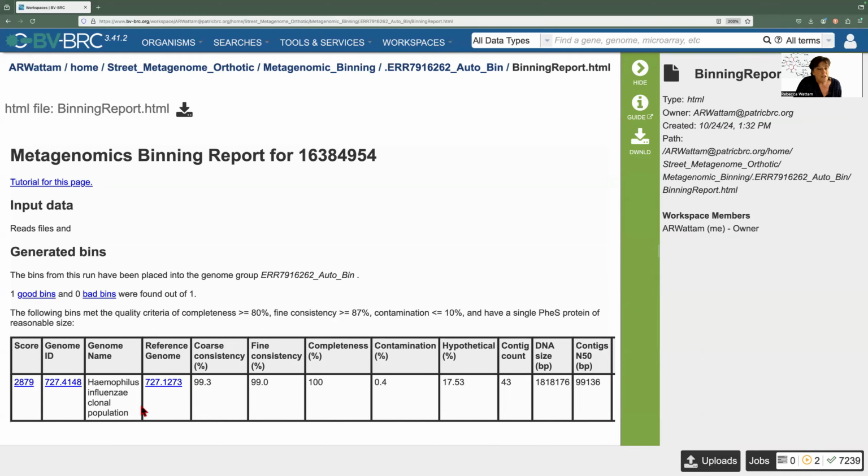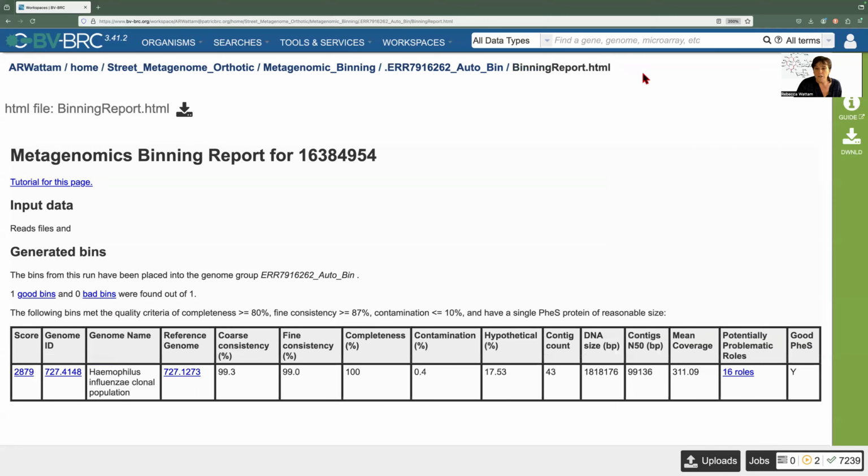And then it gives you this table. Let me give us some more real estate here. Note that it says this. These are the things that establish if it's a good bin or a bad bin.